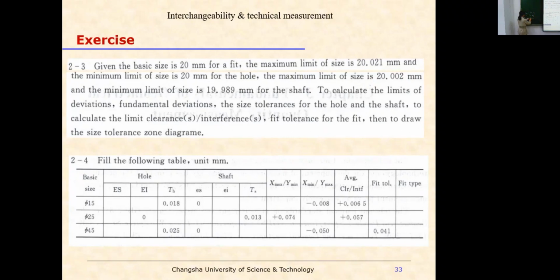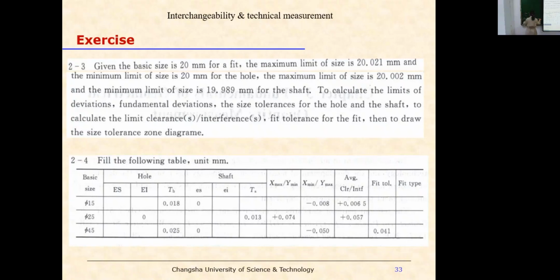This is the maximum, this is the minimum here. So it's minus, so it's here, right? This is the transition, right? Yes.